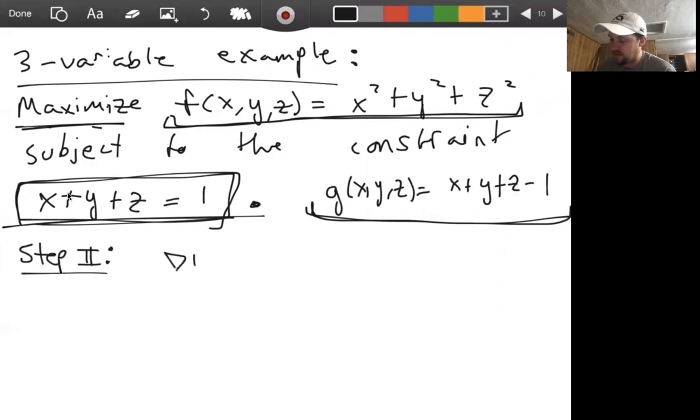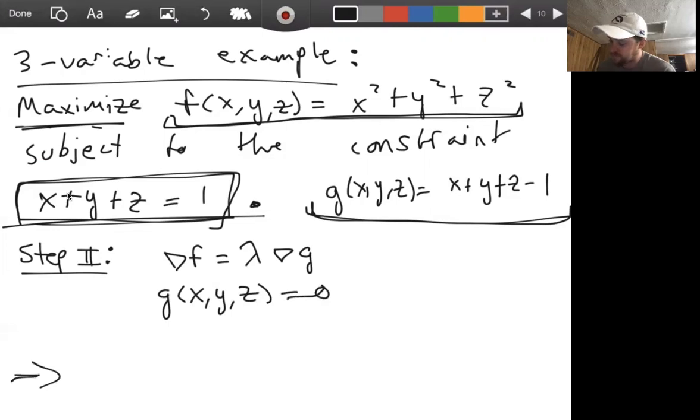And step 2 in our paradigm was to set up the system of equations given by the gradient of f is equal to lambda times the gradient of g, and g of x, y, z equals 0. And so for us, first let's calculate the gradient of f here.